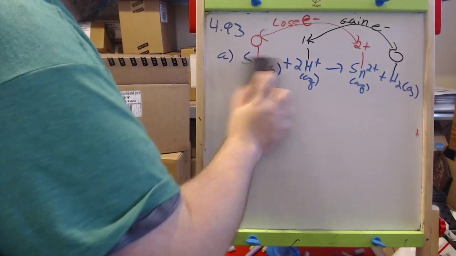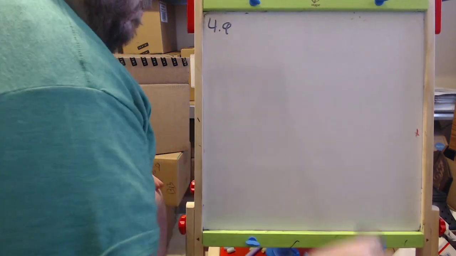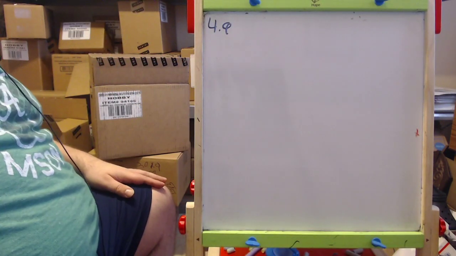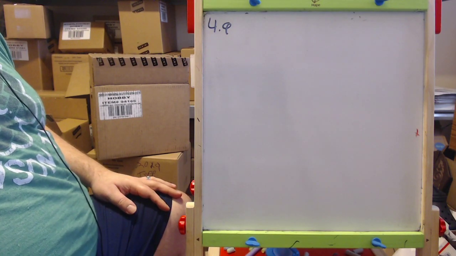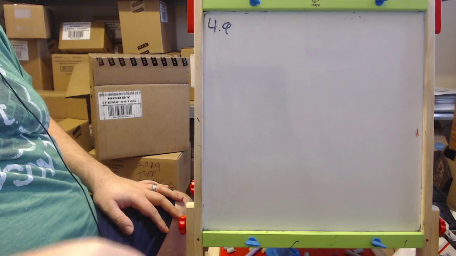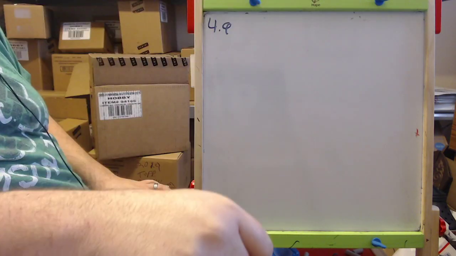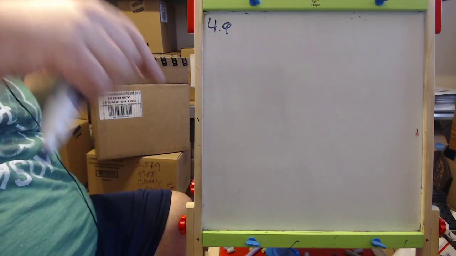All right, so let's look at one of the 4.92 ones then. Yes, whatever's losing electrons is oxidized, Rob. It's the reducing agent. So once you figure out what's being oxidized, it's the opposite agent.